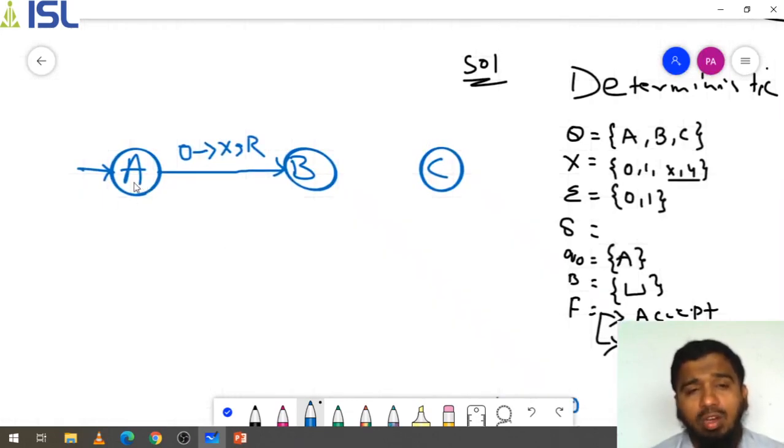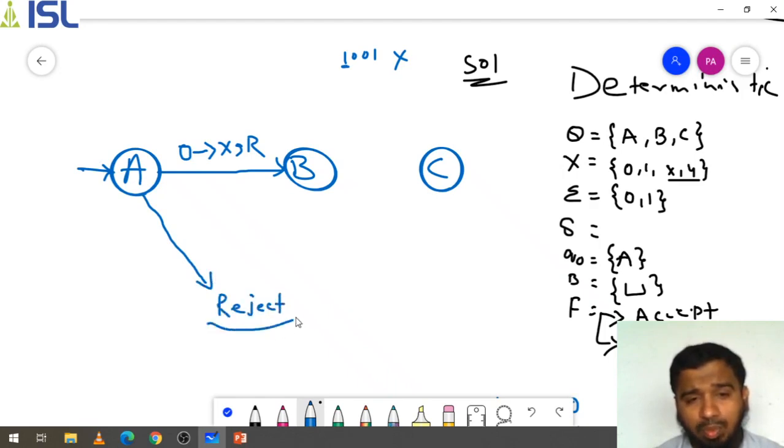So, this is the one, from A if it is 0, then it goes to R. For example, if my input symbol is starting from 1, then this string is not accepted by this state diagram. So, here we need to draw reject. What we need to draw?